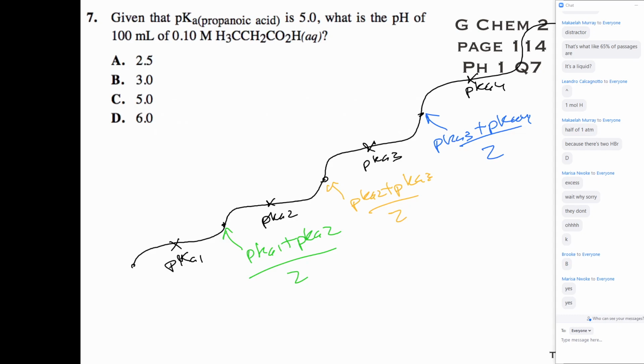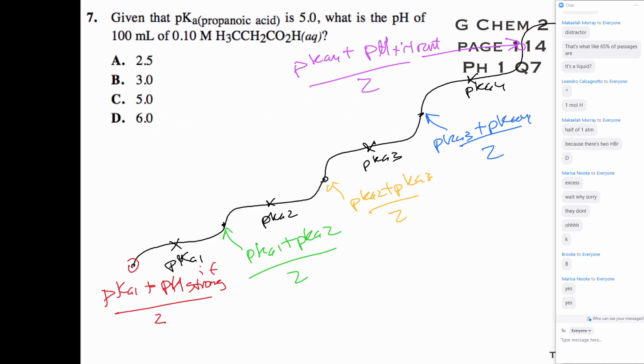I want you to also know that the pH here is pK1 plus the pH of a strong acid of equal concentration, over 2. So if it were strong, and I want you to note that the pH up here is pK4 plus the pH of the titrant, over 2.